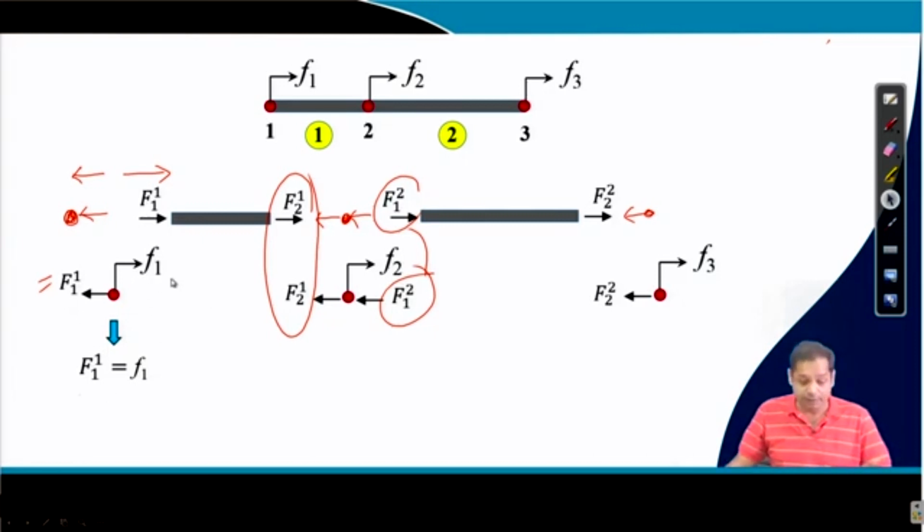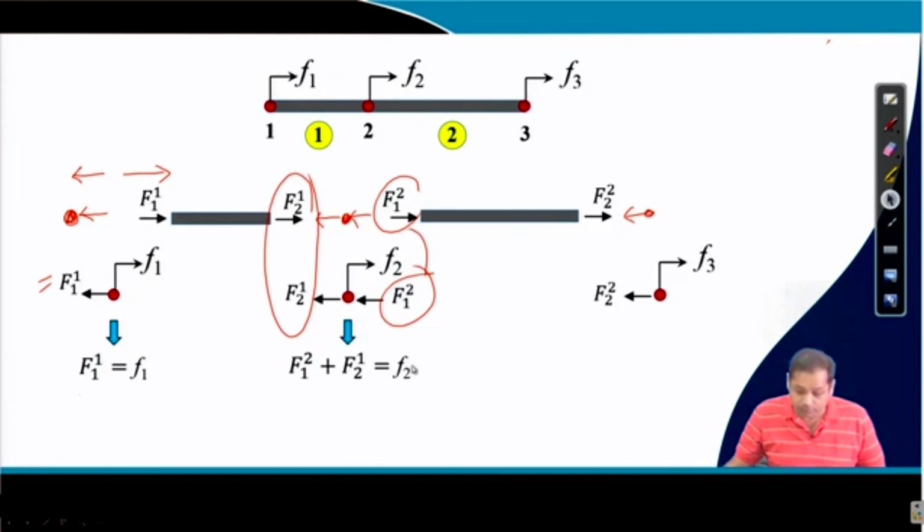This internal force will be F1, which just by looking at the diagram we have already seen. We intuitively can say that. Now the equilibrium equation for node number 2 will be this, and finally the equilibrium of node number 3 will be this. Now once we have these three equilibrium equations of 3 nodes, let us combine them.